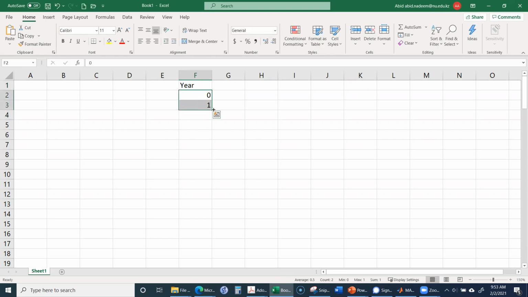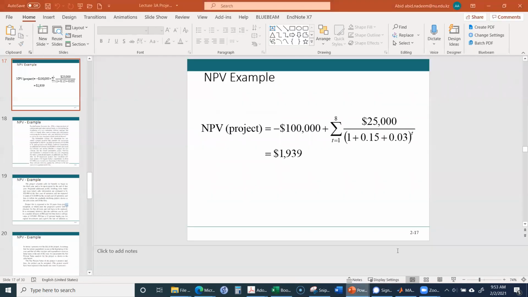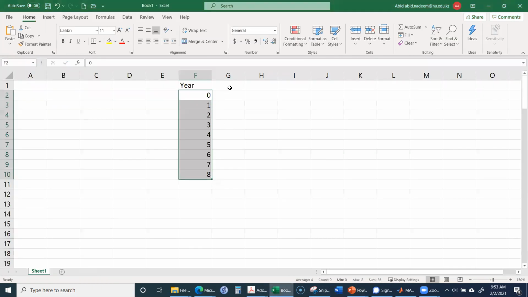Year 0 means this $100,000 investment, and $25,000 are the net annual cash flows from year 1 to year 8.